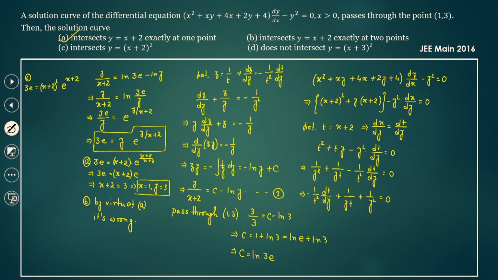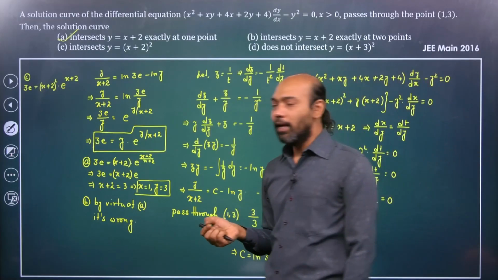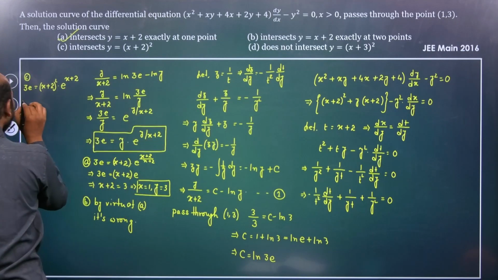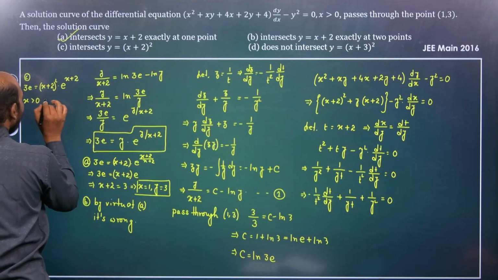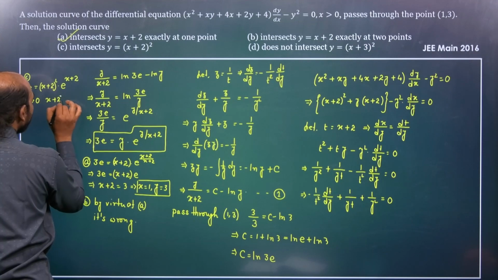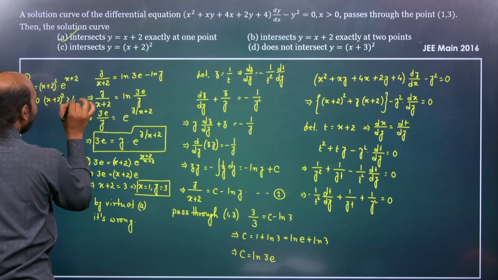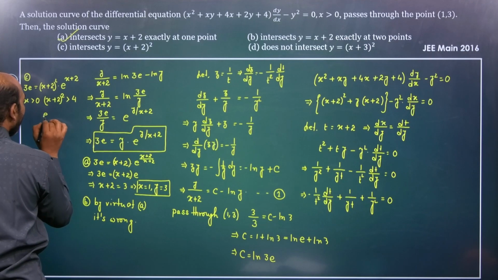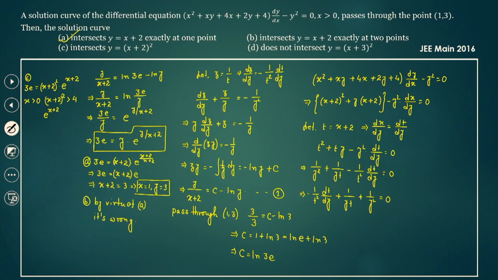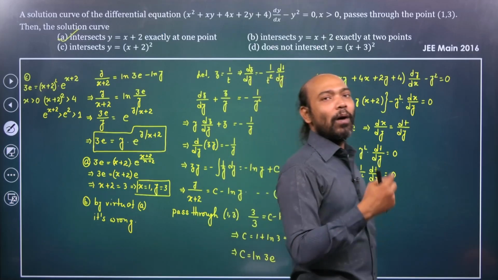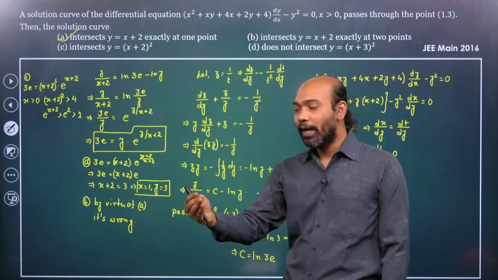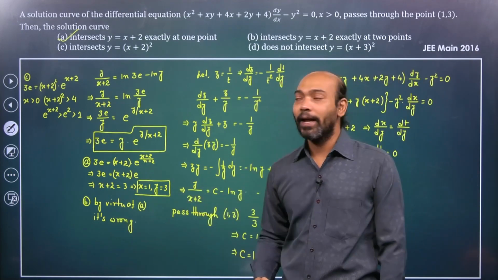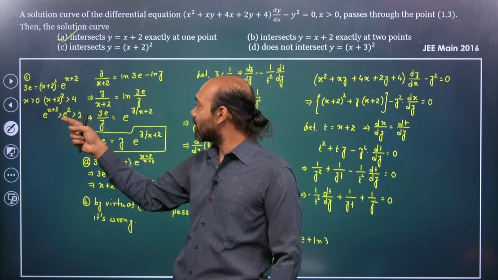Okay, that's it. Now see what is given. It's given that x is greater than 0, right? Now if x is greater than 0, (x plus 2) whole square is definitely greater than 4, and e to the power x plus 2 is greater than e square, or obviously that is greater than 1 itself. So one value is greater than 4, and if we multiply it with some number greater than 1, this product is obviously greater than 4.